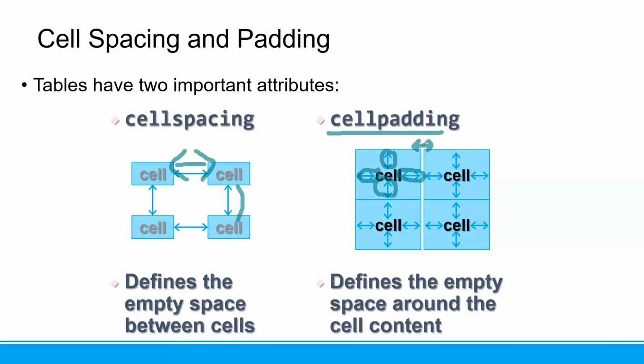So one can get bigger and the other can get smaller. Of course, you can check your monitor size. If your monitor size is big enough, then it does not matter about the cell spacing and the cell padding.